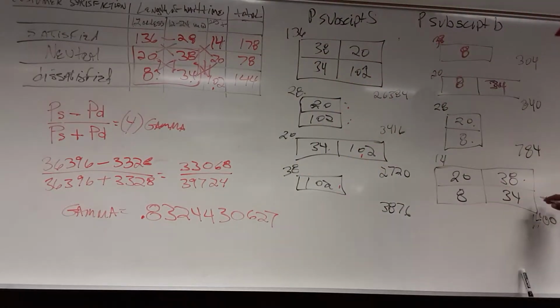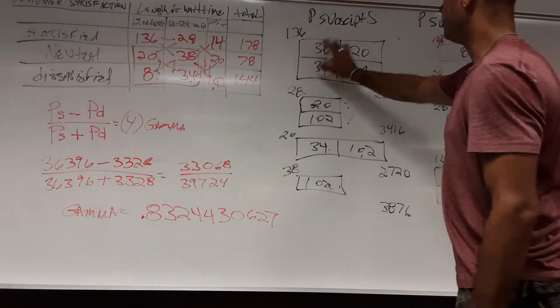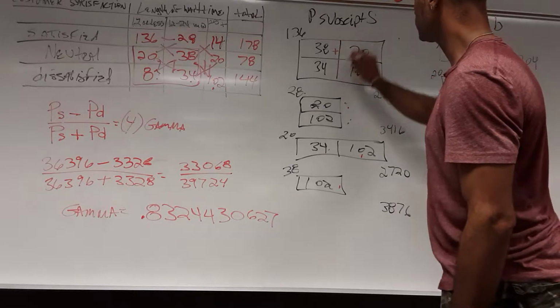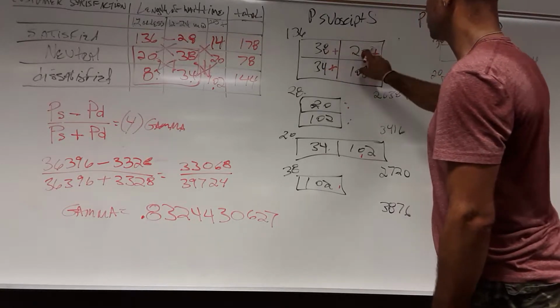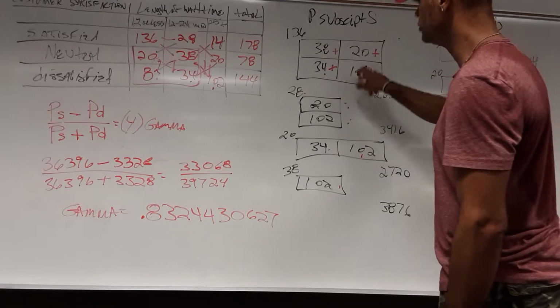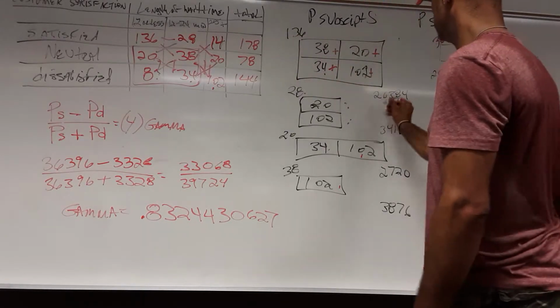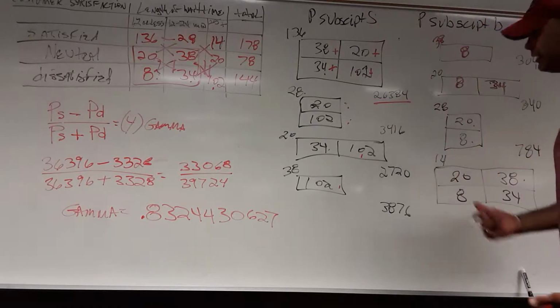Now we have to add up all of these. So you're adding up 38 plus 20 plus 34 plus 102, then you multiply by 136, and you get 26,384.